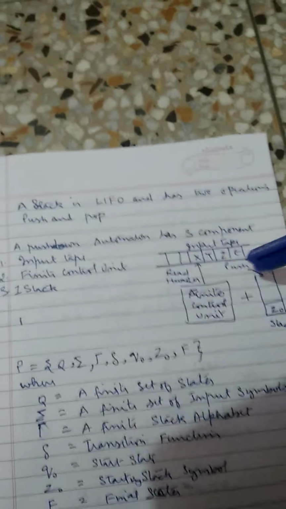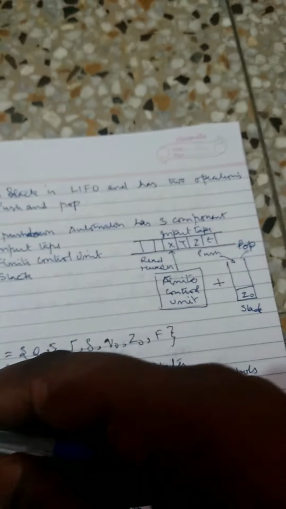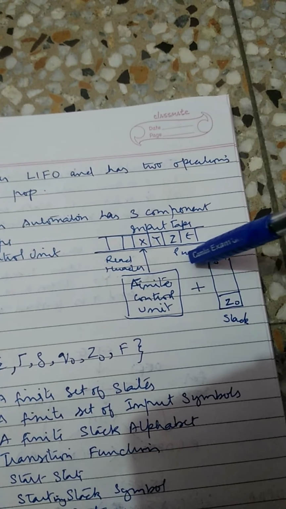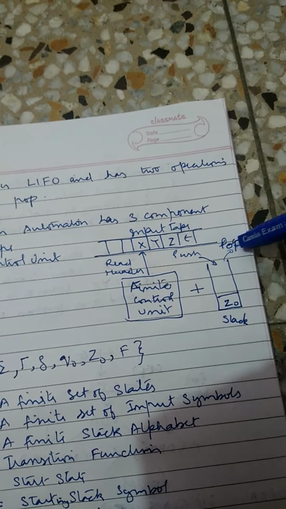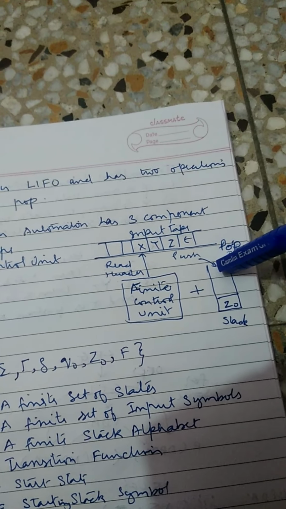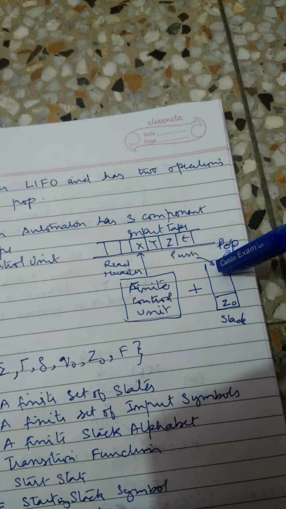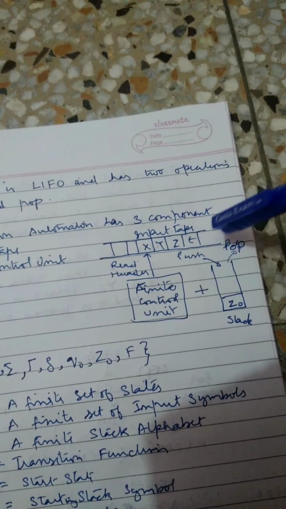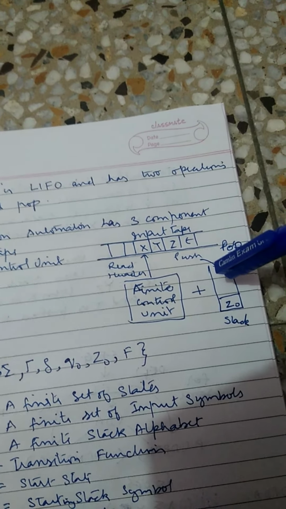Now the question arises, why do we use a stack and not any other data structure? This is simply because insertion and deletion are simple in the case of a stack; that is always on the top. Another thing is the overflow and underflow condition.